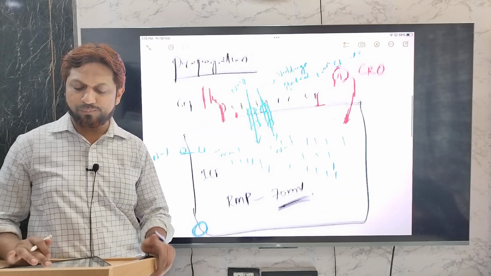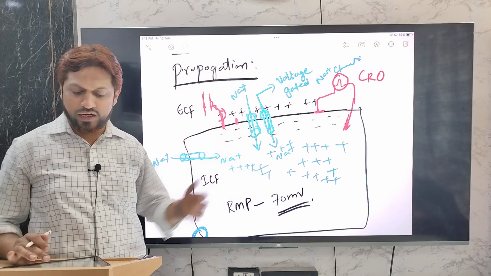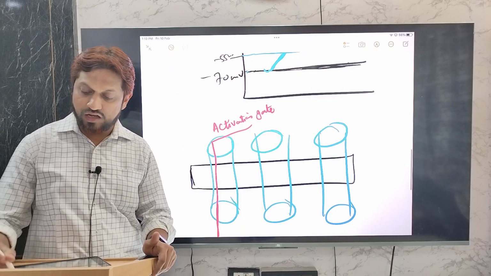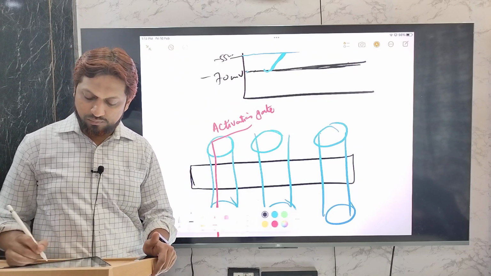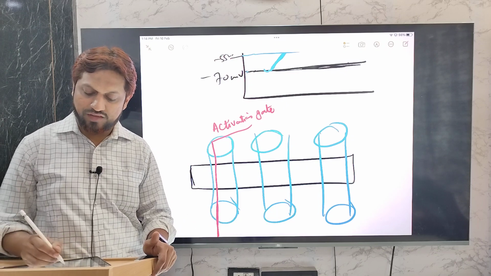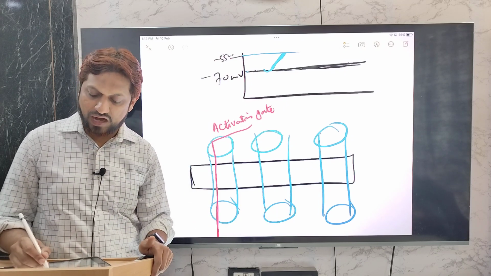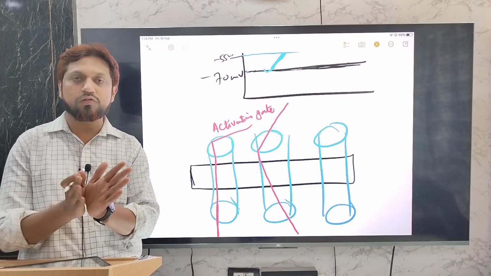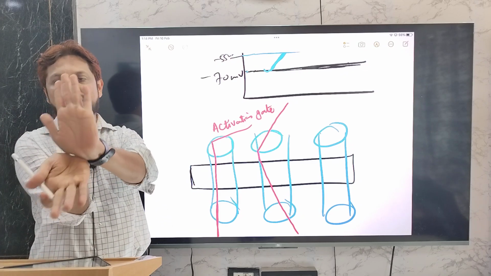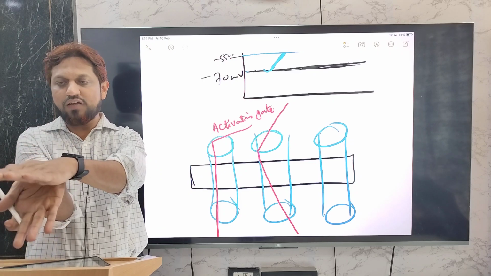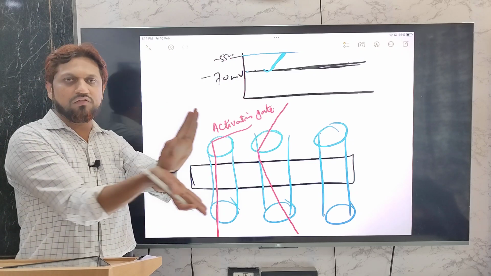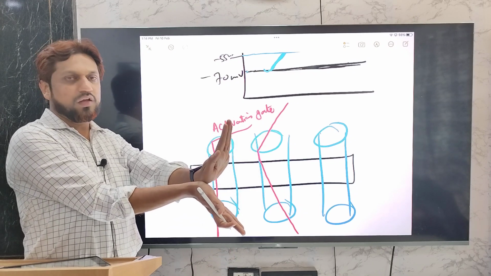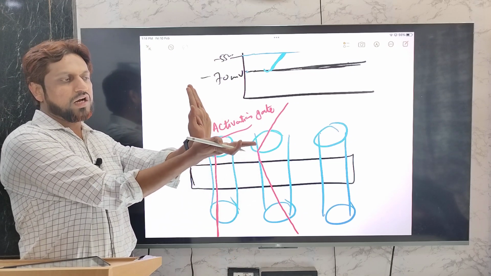Now what happens when this cell is stimulated? The sodium channels get activated, which means the activation gate will open, and the inactivation gate will slowly try to close, like a hinge. So when the activation gate opens, the inactivation gate slowly tries to close it.